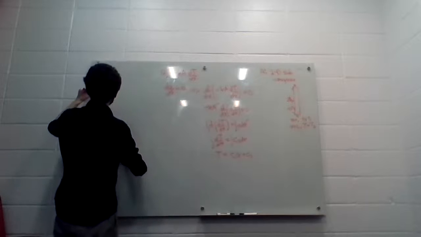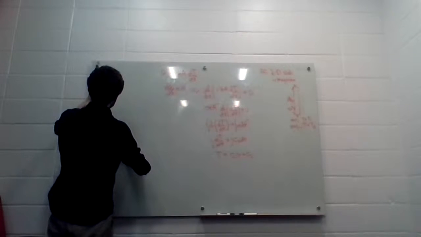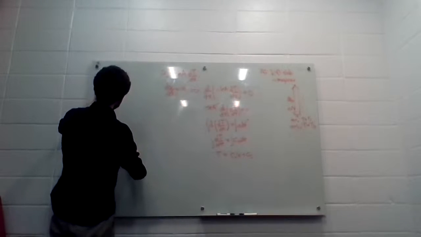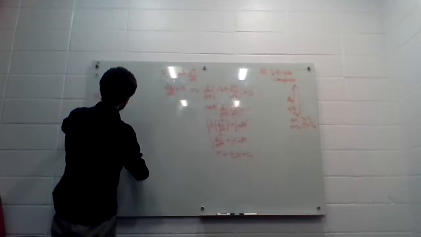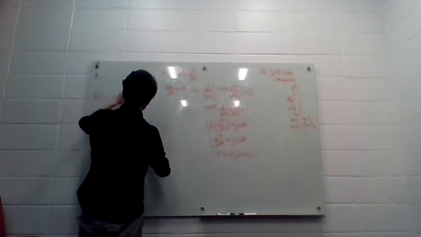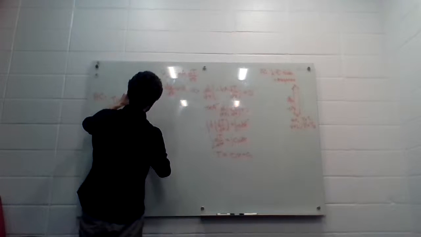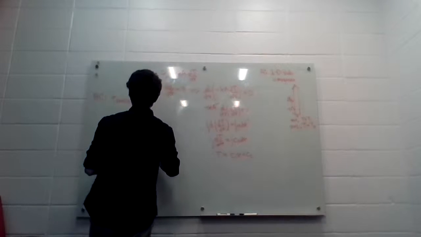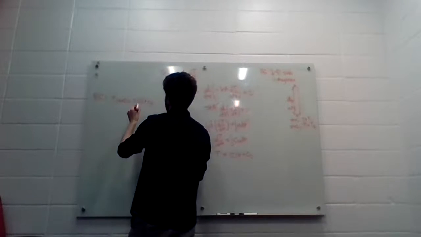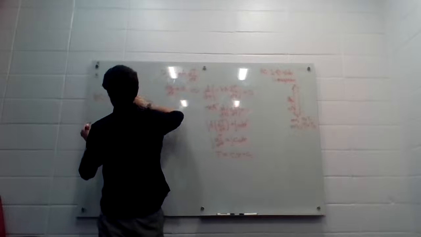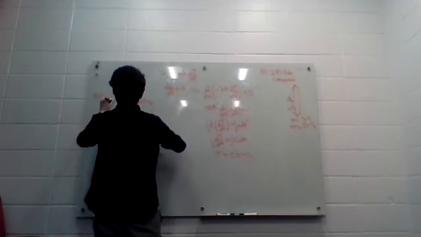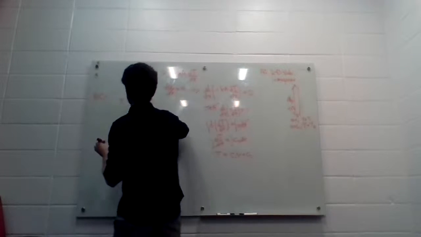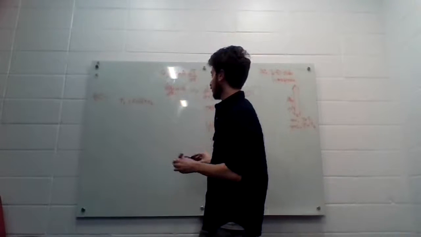So the first boundary condition is T of x equals 0 equals C1, plugging in 0 for x, plus C2. And that T of x equals 0 is T1. So T1 equals C1 times 0 plus C2.